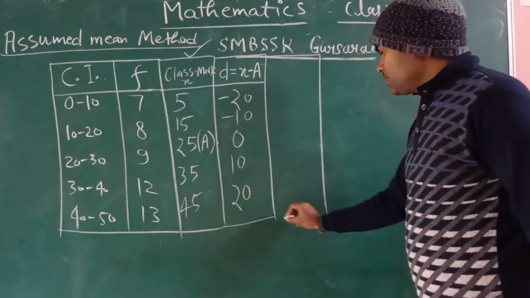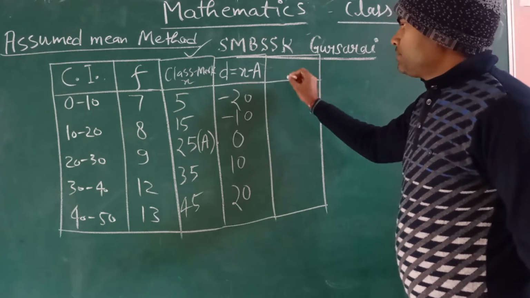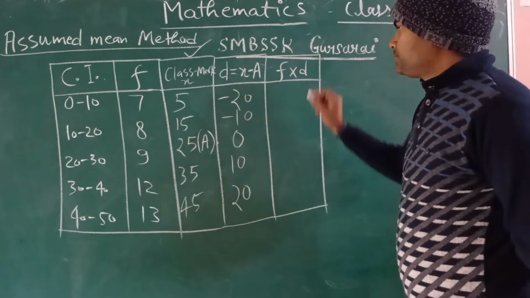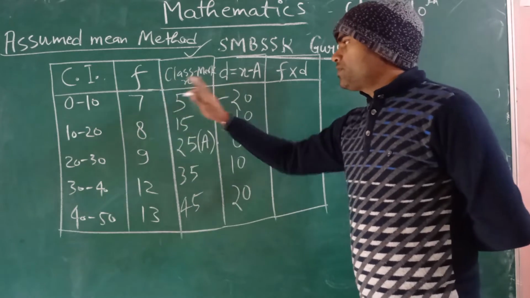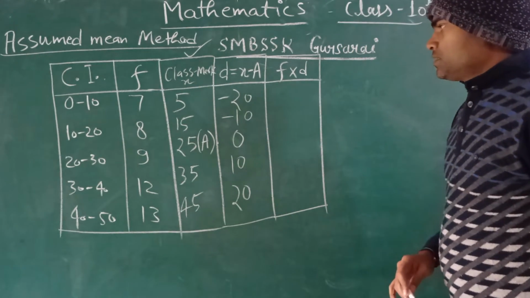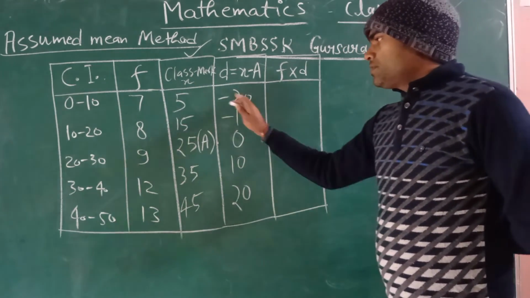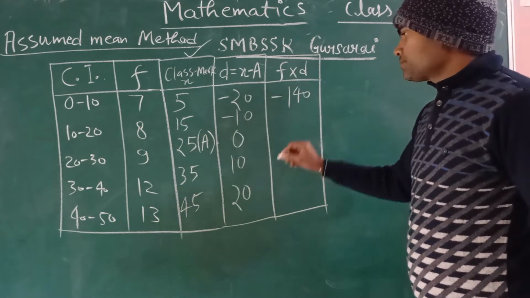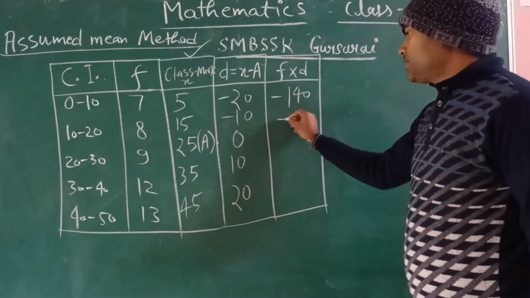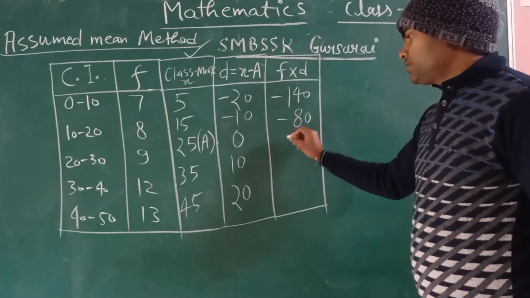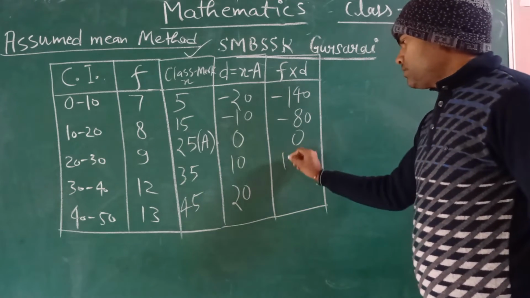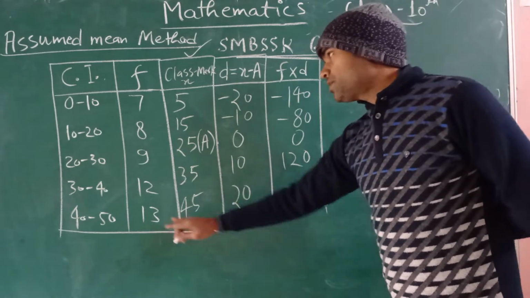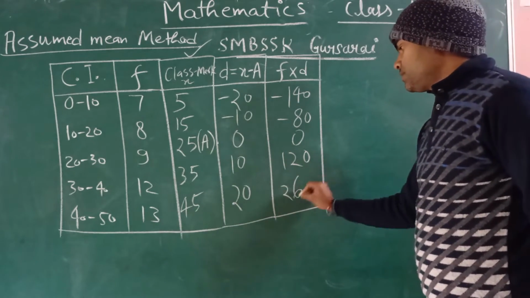Now the calculation is lesser and we will multiply f into d, not f into x. So 7 times minus 20 is minus 140, 8 times minus 10 is minus 80, 9 times 0 is 0, 12 times 10 is 120, and 13 times 20 is 260.